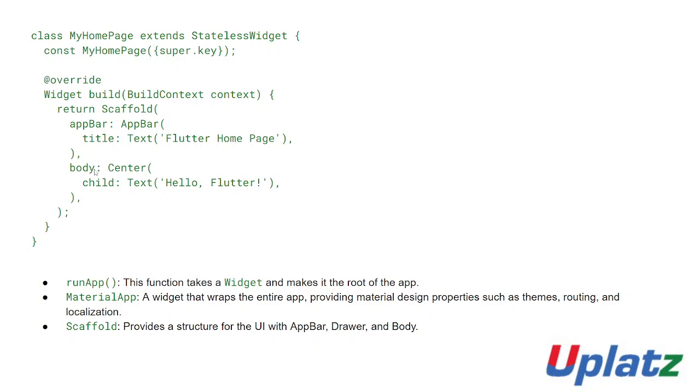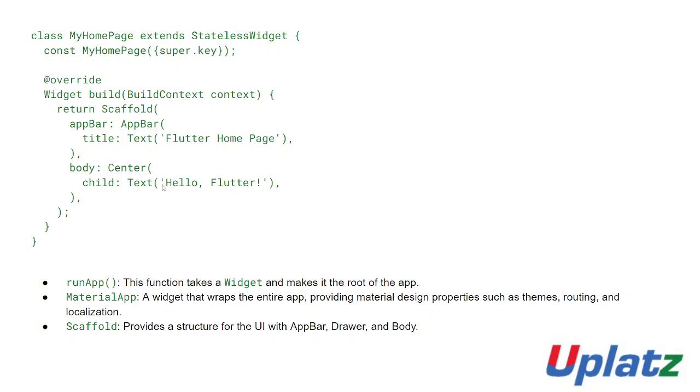And then body. Then there is another widget, Center. It centers everything within it, and it has one child property, child: Text('Hello Flutter'). The Text widget or Text class has one positional argument.